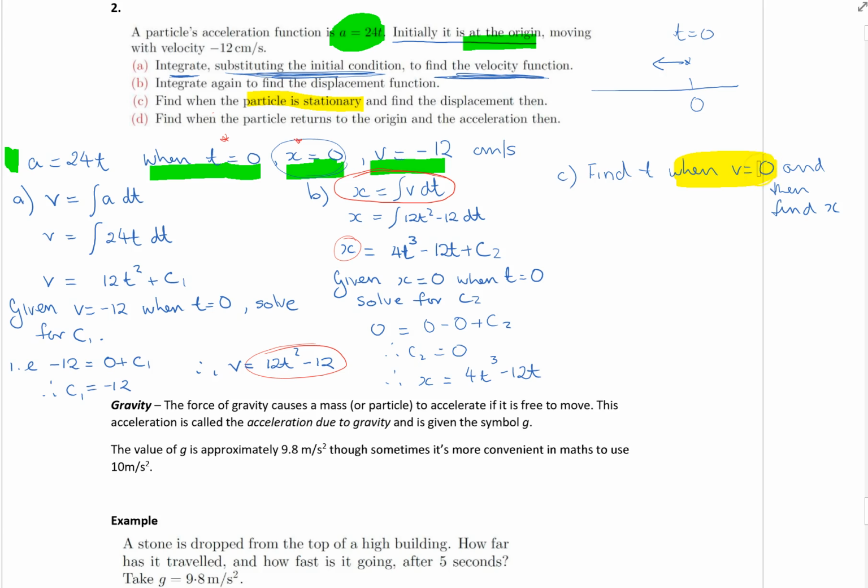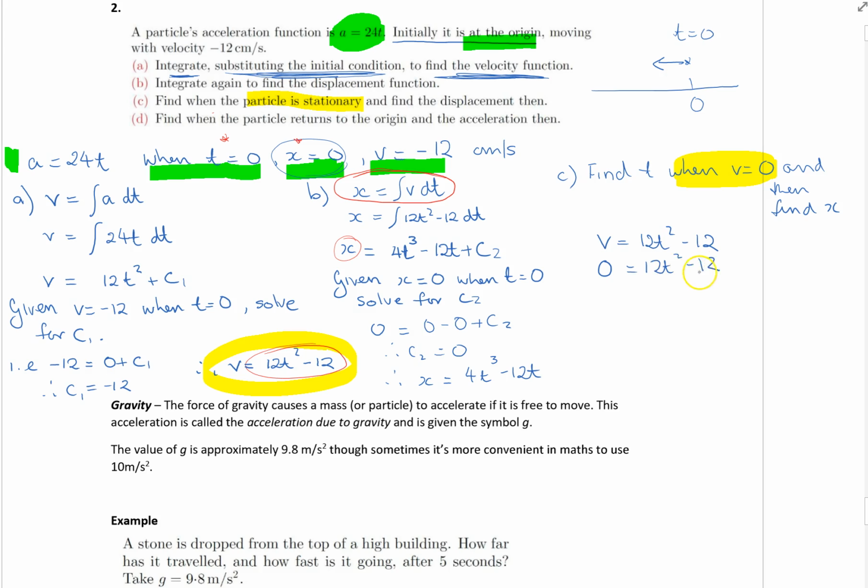So knowing that the velocity has to be naught, I want an equation about velocity and time. So my equation about velocity and time is this one: v is equal to 12t squared minus 12, and I know that that velocity has to be 0.